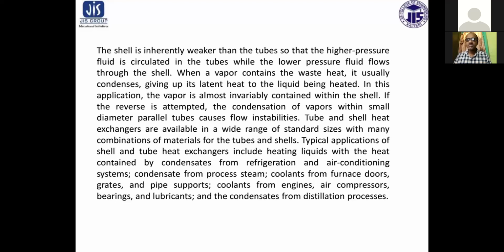If the reverse is attempted, the condensation of vapor within small diameter parallel tubes causes flow instabilities.